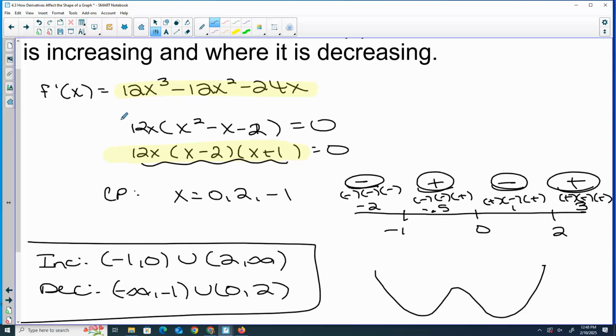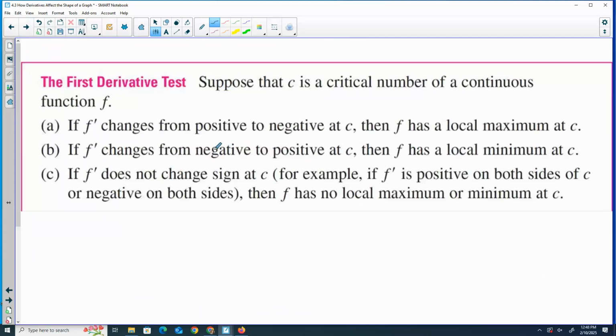It could also tell us our local maxes and mins. If I'm decreasing and I switch to increasing, what did I just create? A minimum. If I'm increasing and switch to decreasing, we have a maximum. So this is the first derivative test.